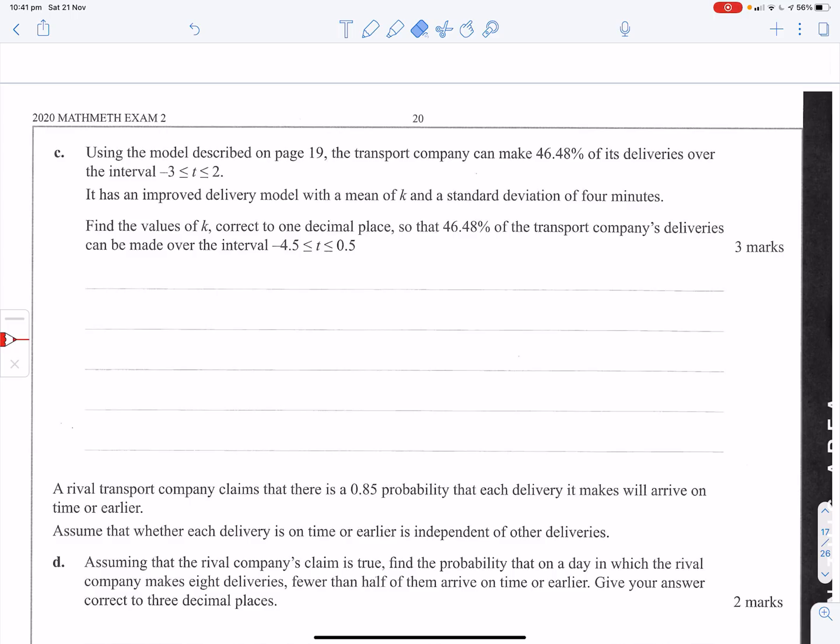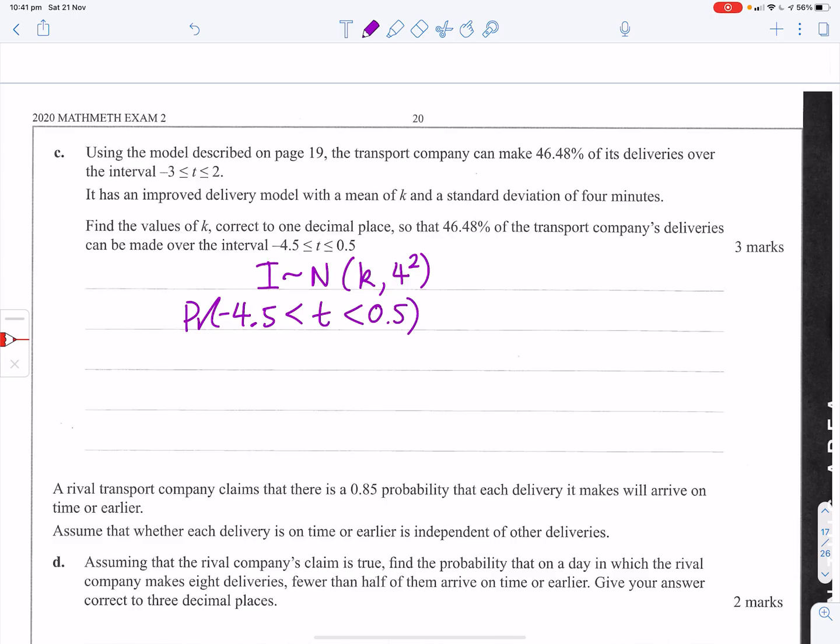So let's call it I for improved. I is normally distributed with a mean of k and a standard deviation of 4. The probability that -4.5 is less than t, which is less than 0.5, is equal to 0.4648.